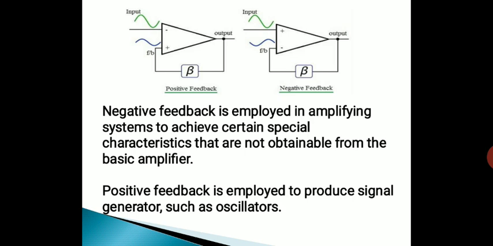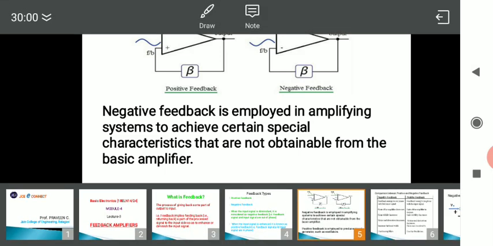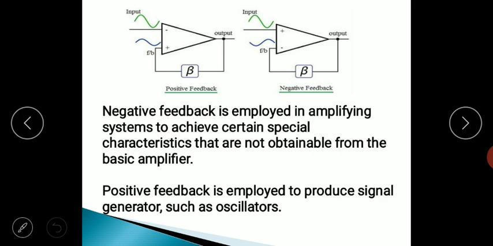In the first case, the fraction of the output signal which is taken is in phase with the input, hence the effective input applied will be more, and obviously the output also will be more and the gain will be more. This type of feedback is called positive feedback.